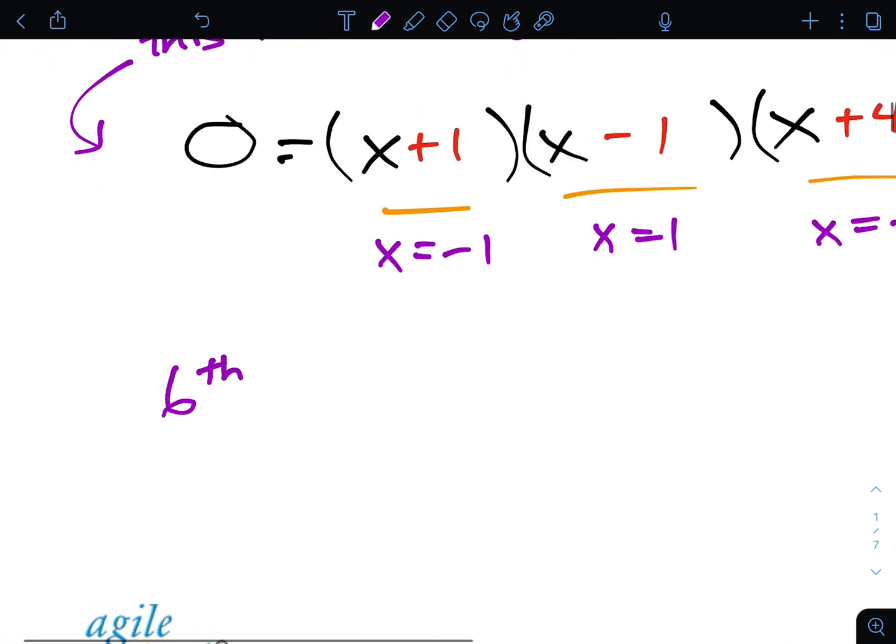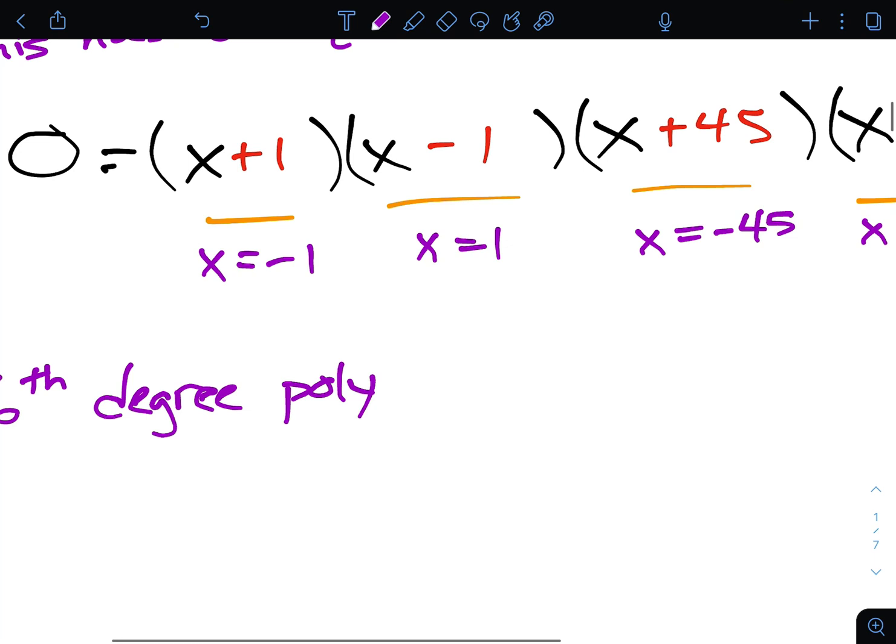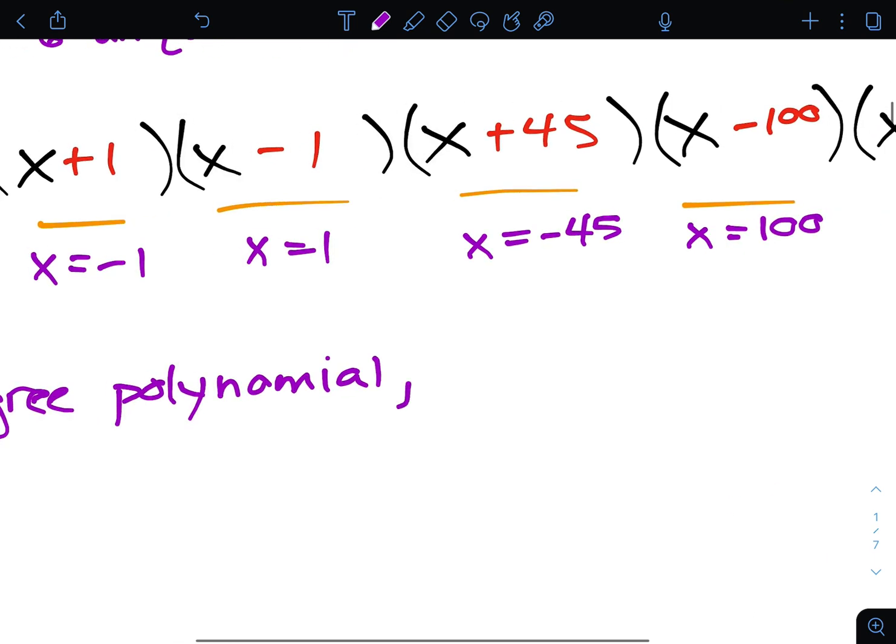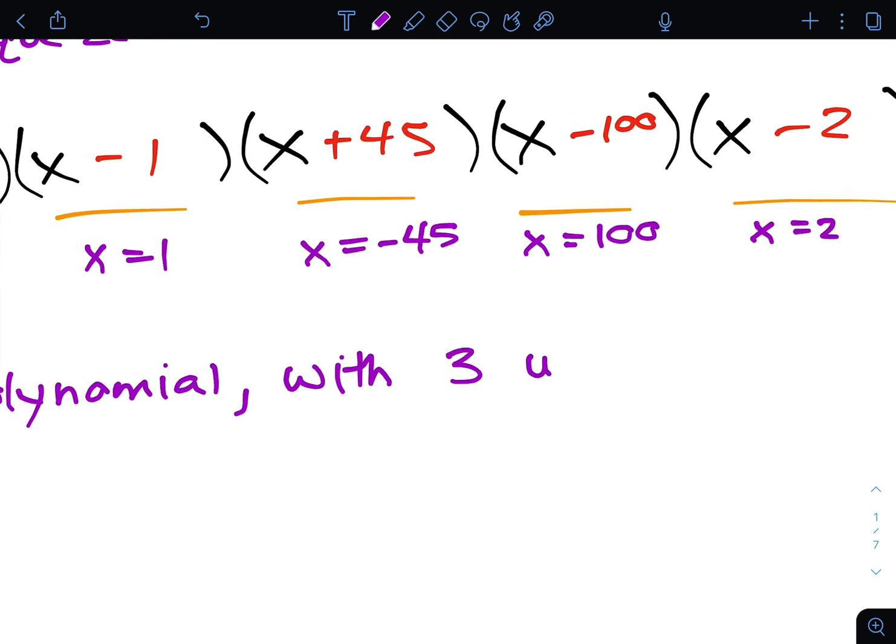So let's come up with a 6th degree polynomial with 3 unique zeros.